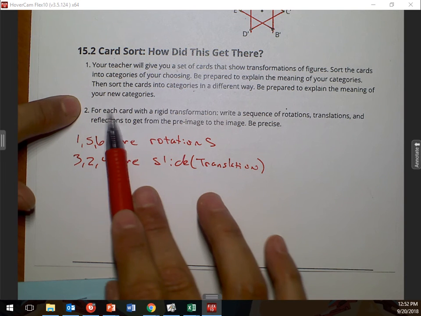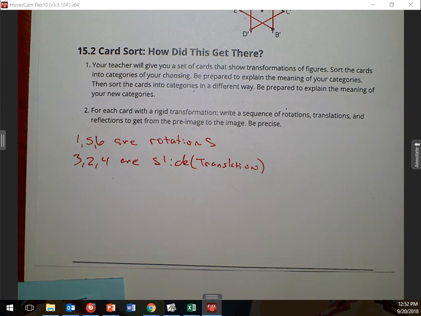All right, so it says for each card with a rigid transformation. Now, what did I say rigid meant? What does rigid mean? Different sizes, we need that.